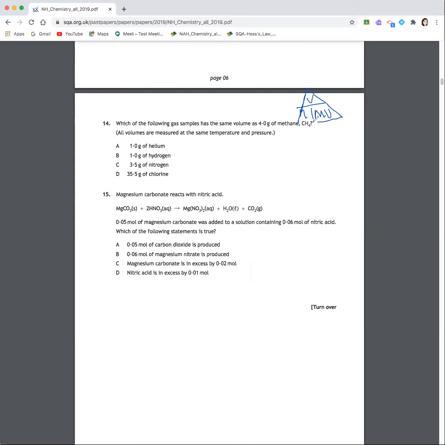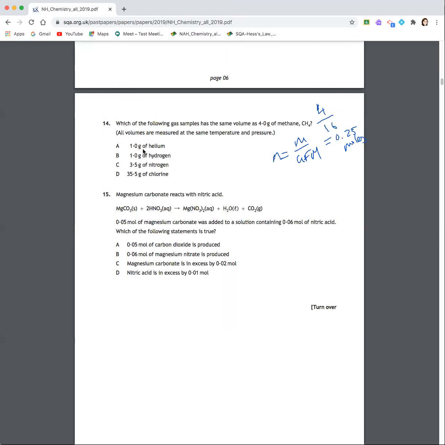You've got the volume of the gas up here, which I don't really need for this question. Because we've got masses, we've got n, m, and GFM, so n is equal to m over GFM. So for the moles of methane, you have 4 grams, and the gram formula mass of methane is 12 plus 4, 16, so that comes out as 0.25 moles. So you're looking for one down here that's also 0.25 moles.